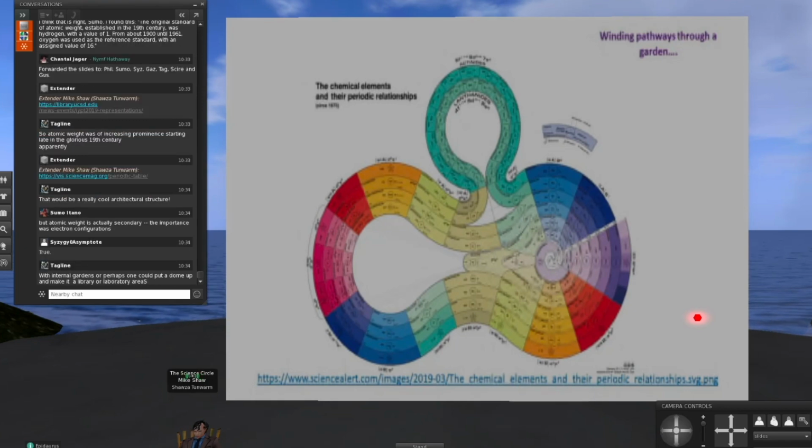Yes, agree with Sumo. The atomic masses are very interesting. They actually give you a pretty good order for elements in the periodic table, except for a couple of places where I think it's cobalt is one of them, where the atomic mass does not actually follow the trend of the actual atomic number.